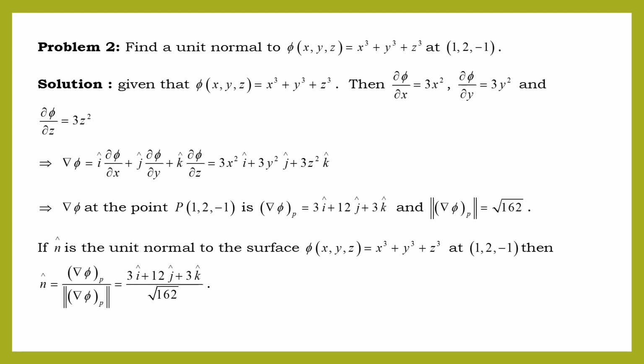If del phi equals 3i cap plus 12j cap plus 3k cap, then norm del phi equals square root of 9 plus 144 plus 9, which equals square root of 162.